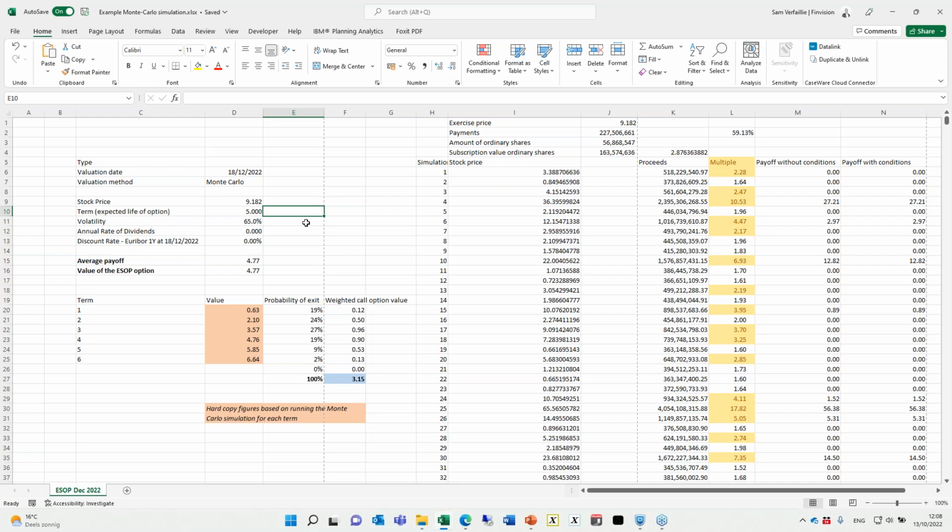So the first complexity we have here is when an exit will occur. How can I estimate that? Well, it's a maximum of 5 years. Okay, I will use 5 years, but that's not feasible. Assuming we have a private equity investor who has invested in Finvision, private equity always has an investment strategy, and they will start selling after a certain point in time.